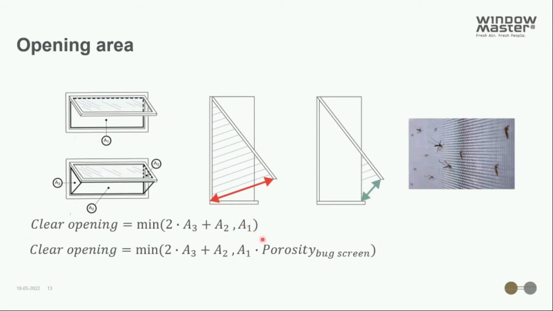And if the opening area of A1 multiplied by the porosity of the box screen is still larger than the sum of A3 and A2, then the box screen will have zero impact on the clear opening. It will still impact the pressure loss, as the friction through the box screen is larger, but it won't impact the actual clear opening.